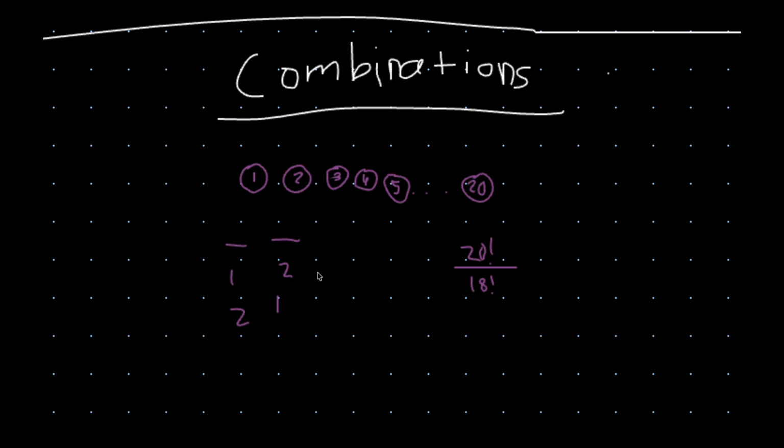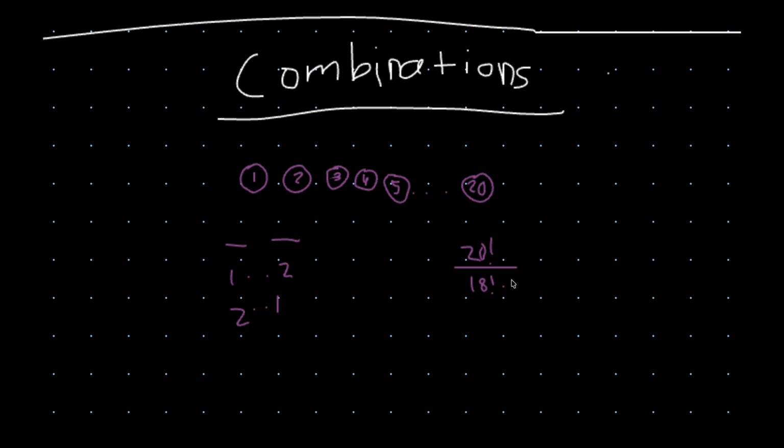But then you realize the 1 and 2 and 2 and 1 are the same. So every combination of balls, you can flip it and it'll be the same combination. So for each two combinations, for this case it'll just be one combination.